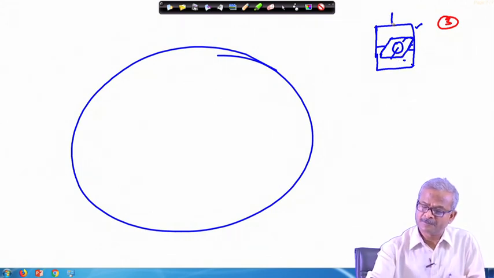Because this can rotate by psi here, and this can rotate about this by theta. So, psi and theta, and this rotation about its own axis we have shown by phi.